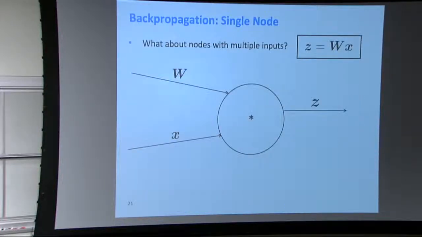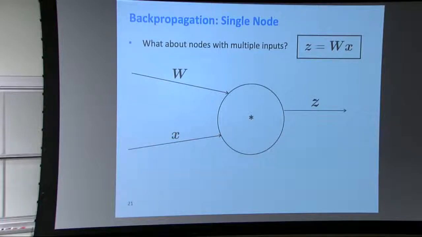So how are we going to do that? Well, the next case is what about if we have multiple inputs? So if we're calculating something like z equals w times x, where actually, yeah, z and x are themselves vectors, and w is a matrix, but we're treating x as an input and w as an input, and z is our output, right?